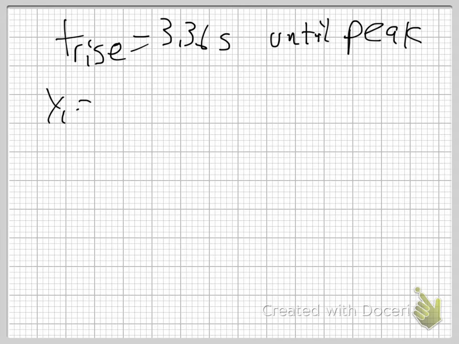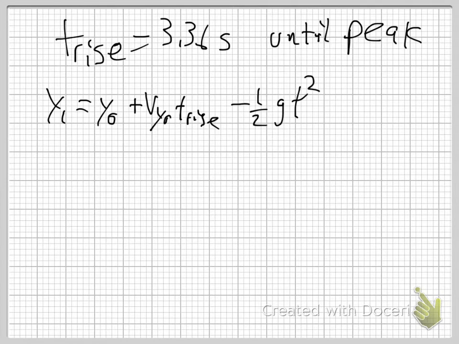So y1 is equal to y0, which we know is 5 meters, plus v_y0 times that t rise minus 1/2 g t rise squared.